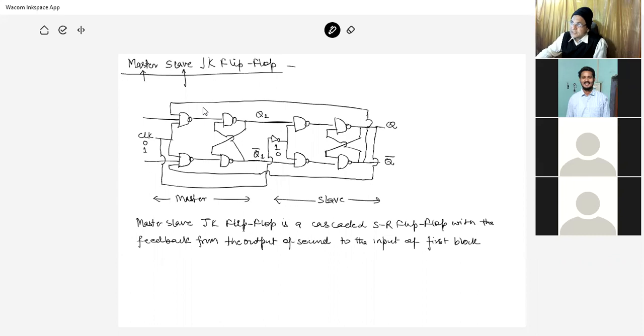So these are feedback lines. Here is the feedback line, the feedback in this way, with this part, and here this part. Feedback block.